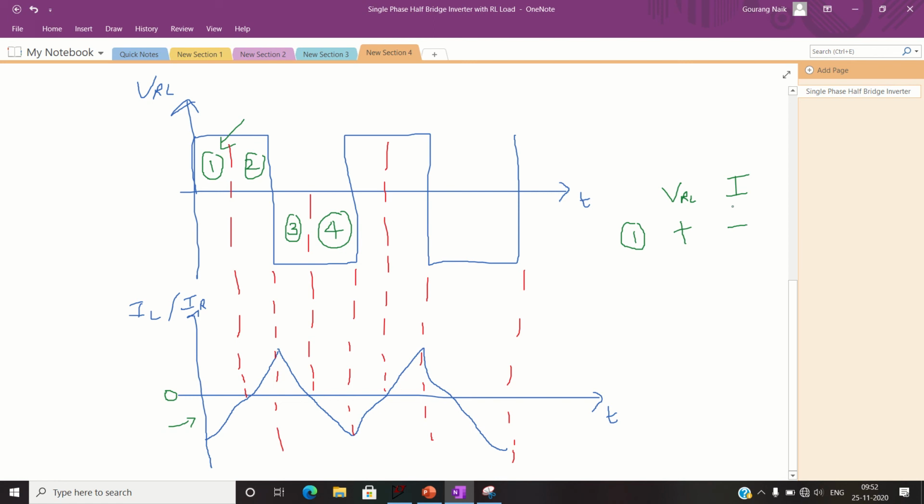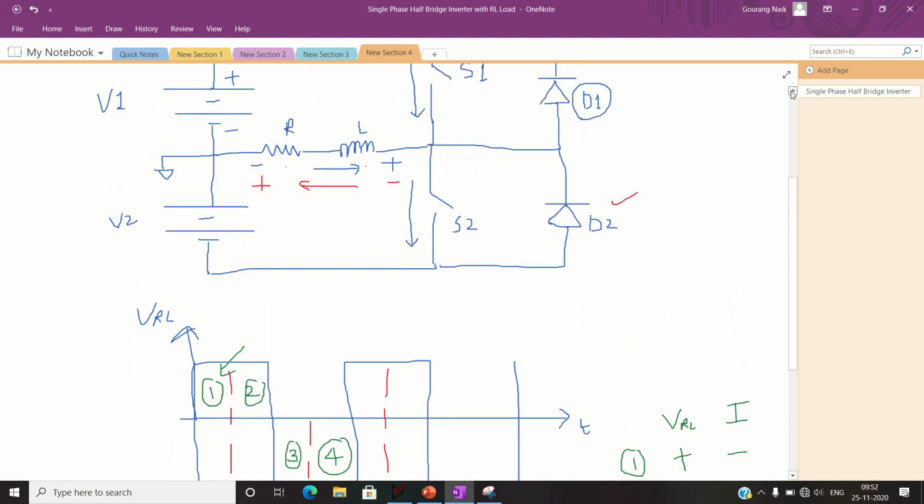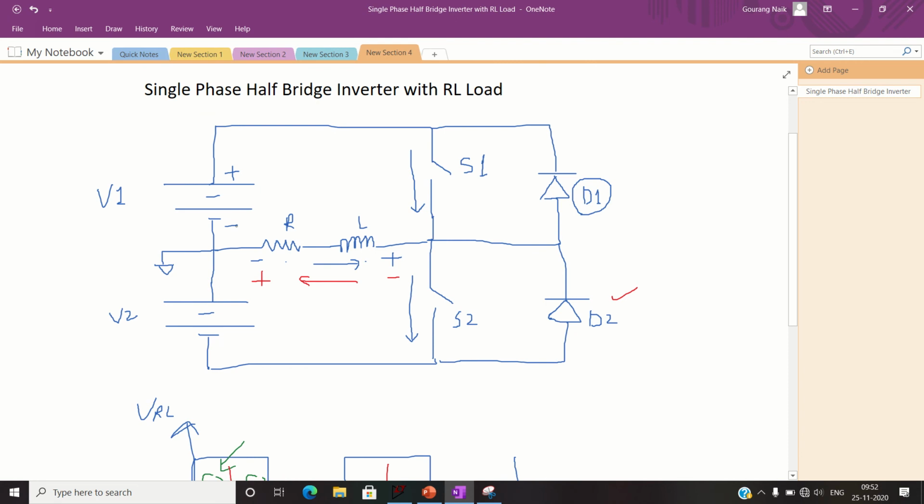So what is happening is that the voltage across my load is like this, but the current is trying to pass like this.